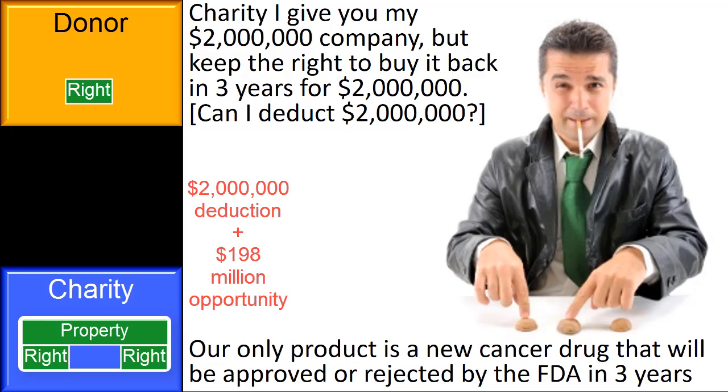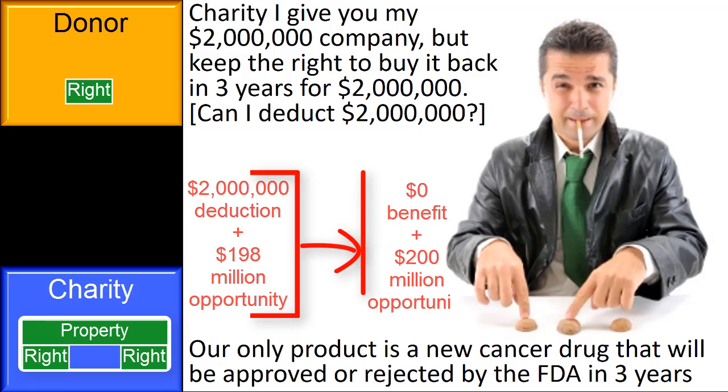Even if the donor had no charitable interests, the charitable gift risk scenario, outcomes of a $1 million benefit or a $198 million benefit, could be preferable to the non-charitable risk scenario, outcomes of $0 benefit or $200 million benefit. Because of the partial interest rule, this transaction would generate no immediate charitable deduction.